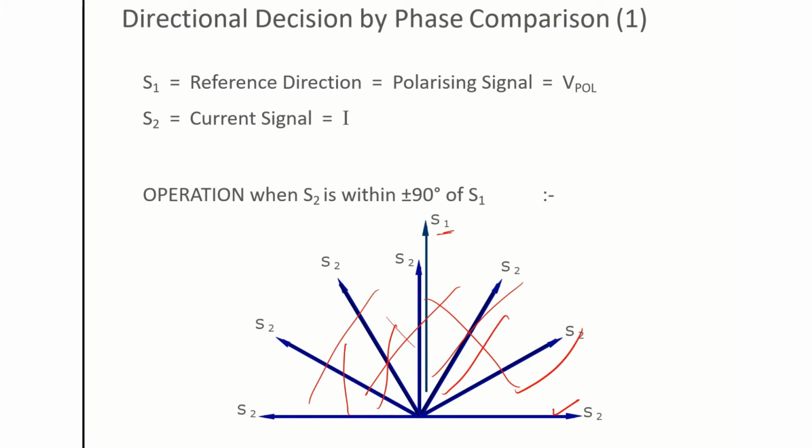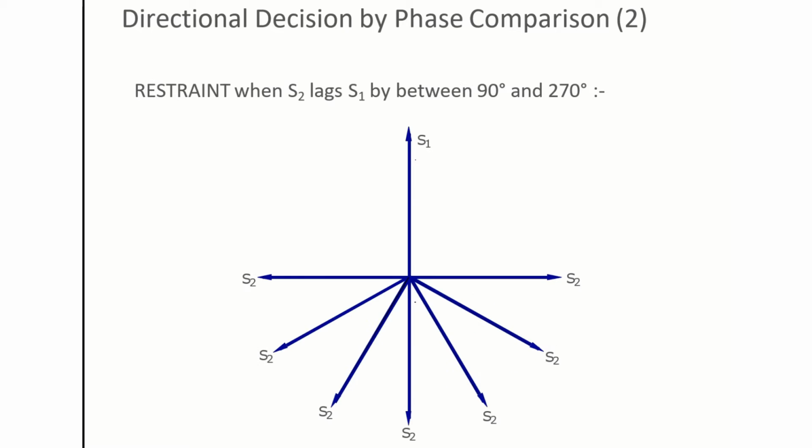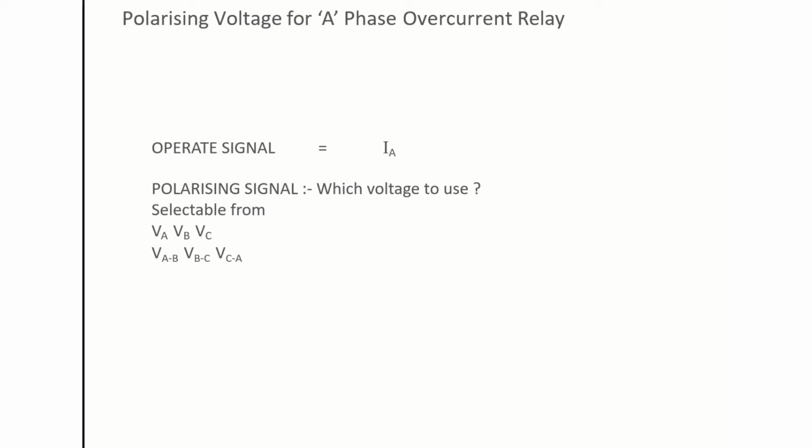That's why it is said that the direction of S2 is positive if it is within plus or minus 90 degrees with respect to S1. So this side is the positive direction or the direction of operation. If S1 is in this direction and S2 is anywhere in this downside, it will be negative, or the restraint region.